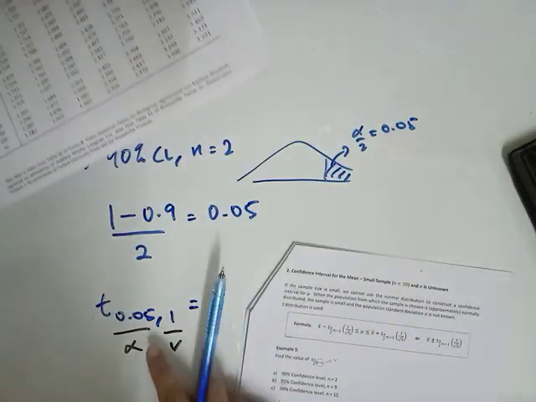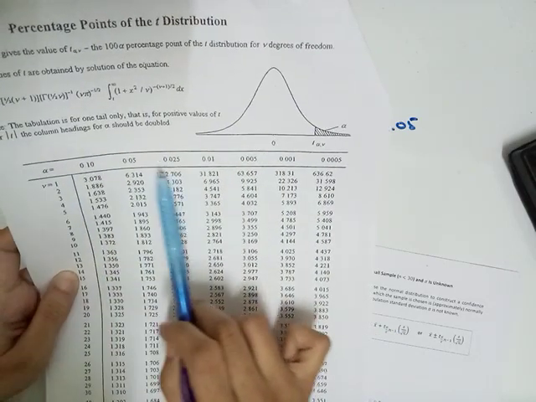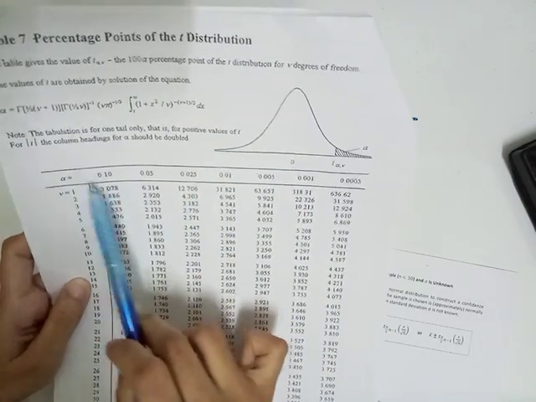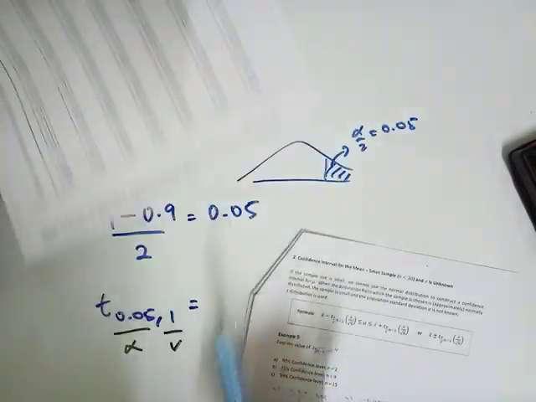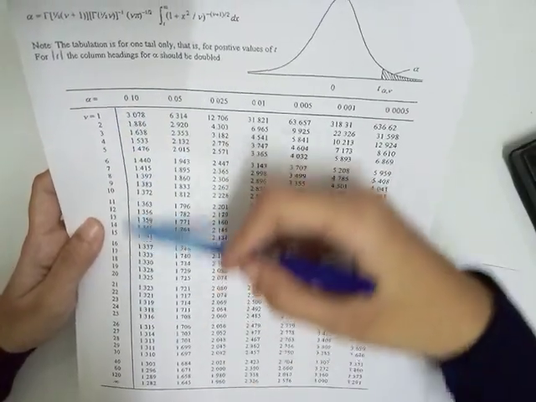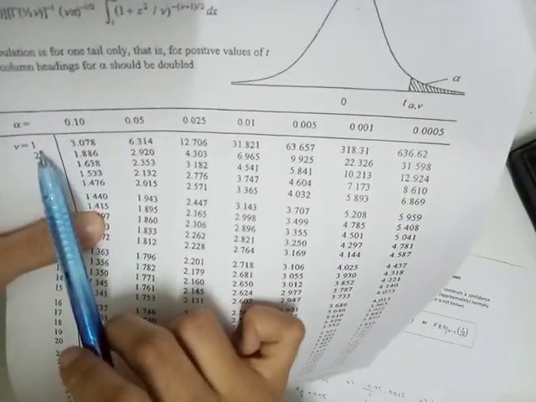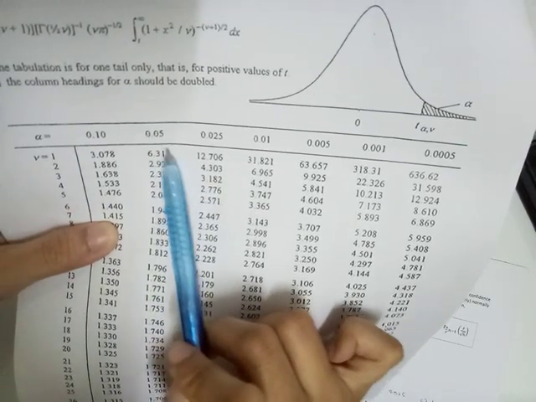So this is alpha, 0.05, here in the top column. Top column 0.05, this one. And then v is 1, v on the left column. When v equals 1 and alpha is 0.05, this is the t value.